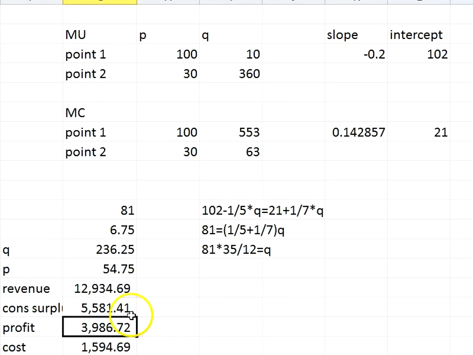Finally, by difference, if the revenue is 12,934, then the cost is going to be the revenue minus the profit, and the cost is 8,947.97, and that's how you do it.